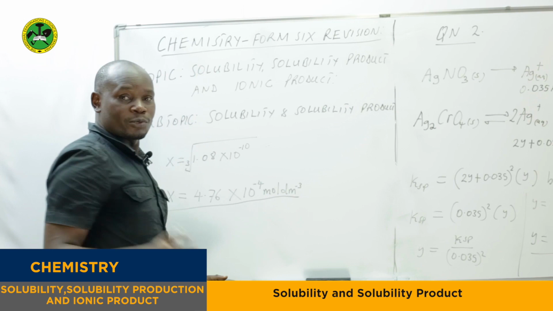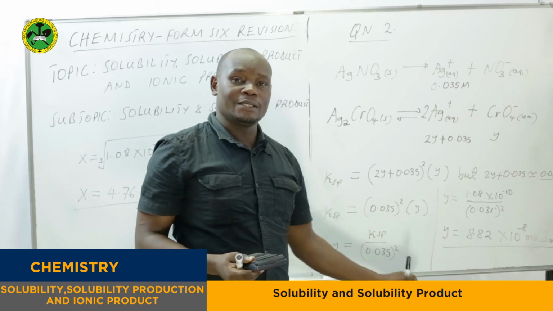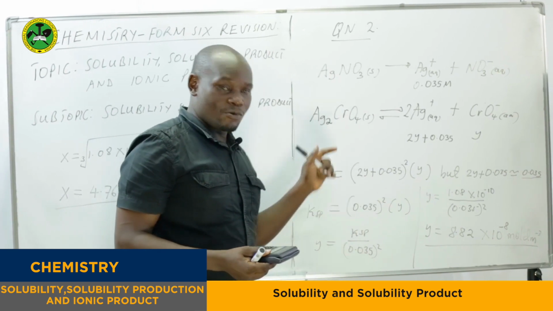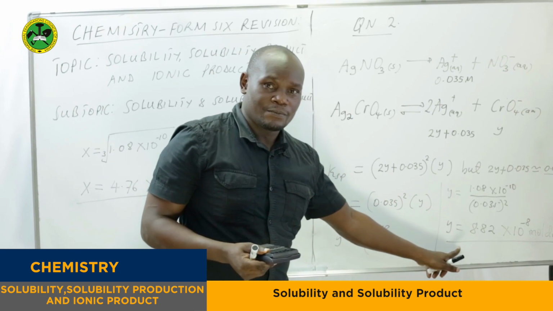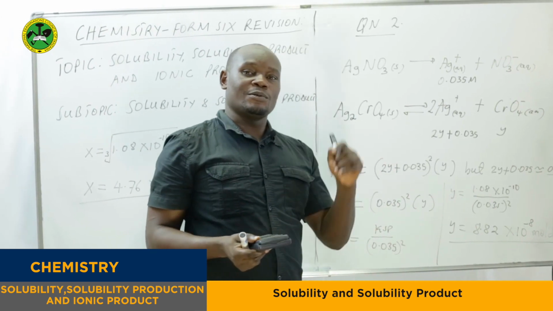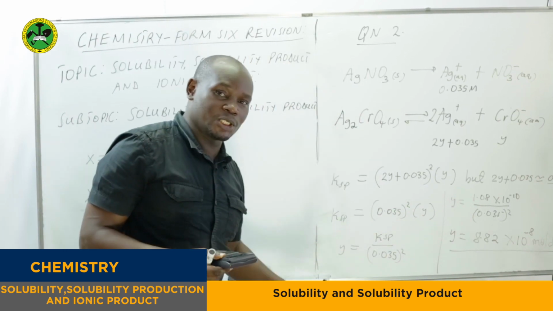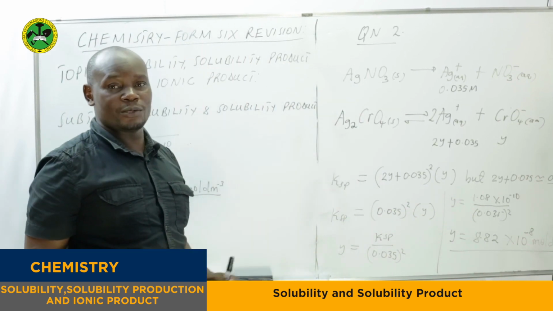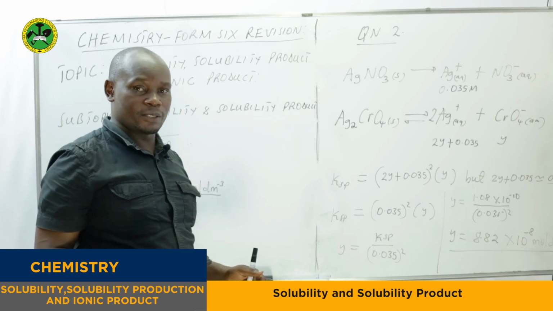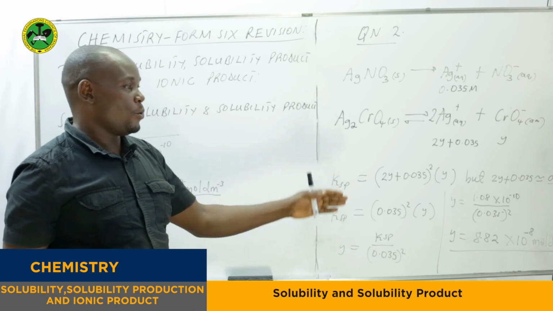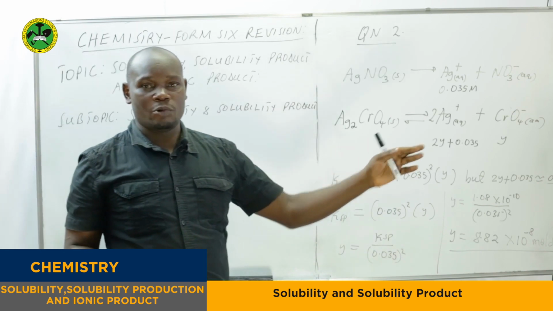So the common ion effect has decreased the solubility of silver chromate from this one to this one. That is what we call the common ion effect: the ions present in the solution decrease the solubility of a substance that contains ions that are present in that solution. So that is how you were supposed to go about that second question.